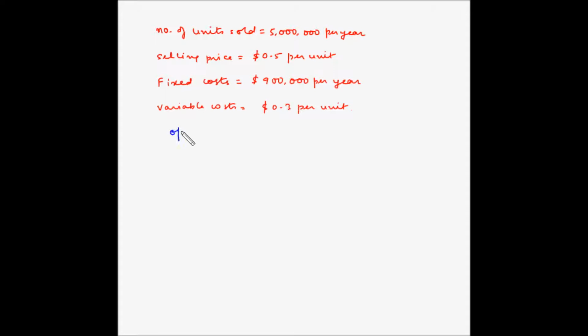Now we know that operating income is equal to total revenue minus the total cost. Now total revenue is equal to the quantity sold multiplied by the unit selling price, and the total cost is the addition of fixed cost and the variable cost. Now again, the fixed cost is as it is, but the variable cost is the multiplication of the number of units sold, which is Q, and the unit variable cost.